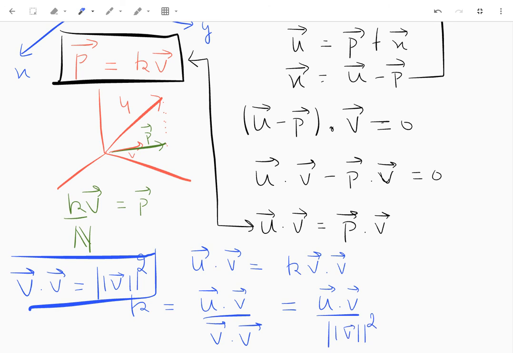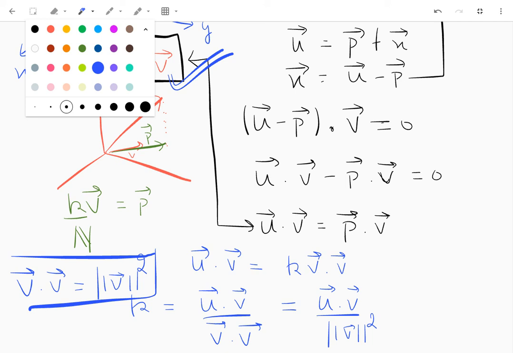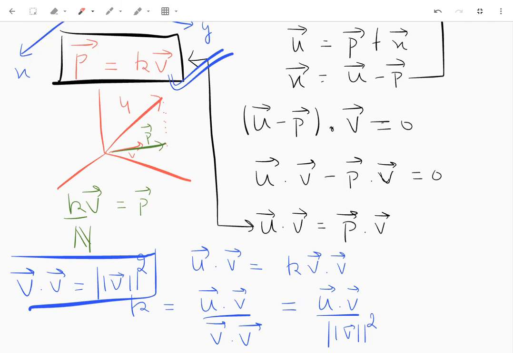Now look again at this black box. We were to find the projection, which was equal to some scalar multiple of our vector v, and this is that scalar multiple k.